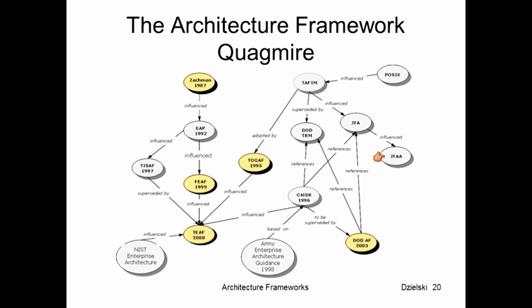The JTA, Joint Technical Architecture, and of course the C4ISR is a precursor to the DODAF, and it specifically dealt with the structure of systems, and then the Army Enterprise Architecture Guidance in '98. So is what the C4ISR is based on. And even today the architectures lead on beyond this.